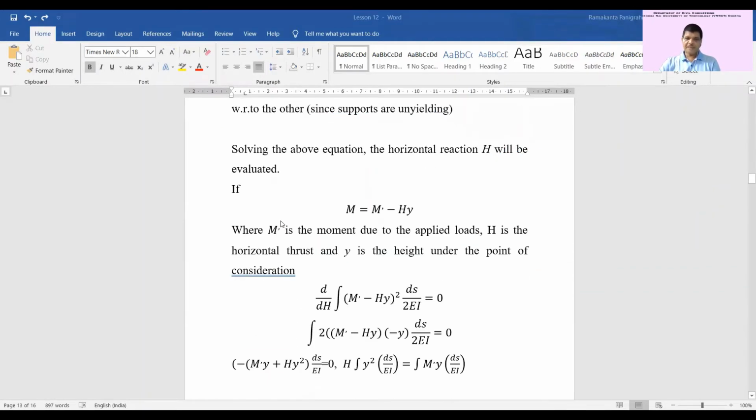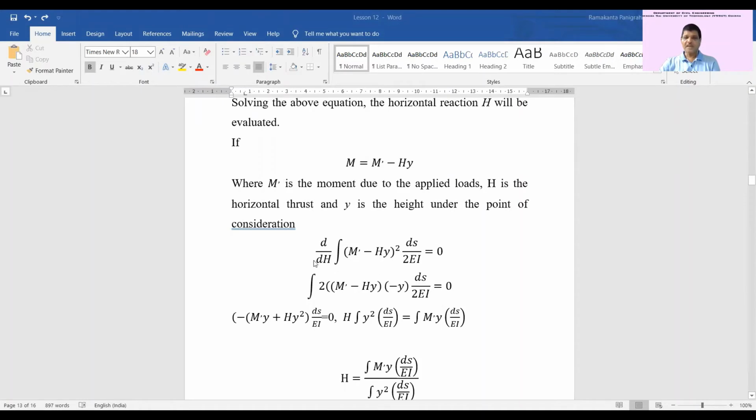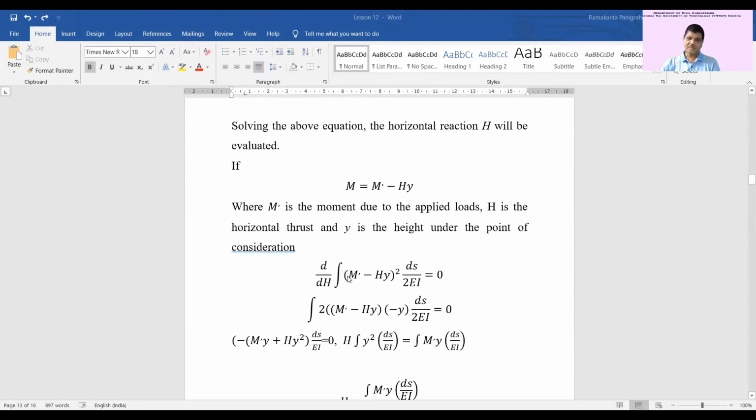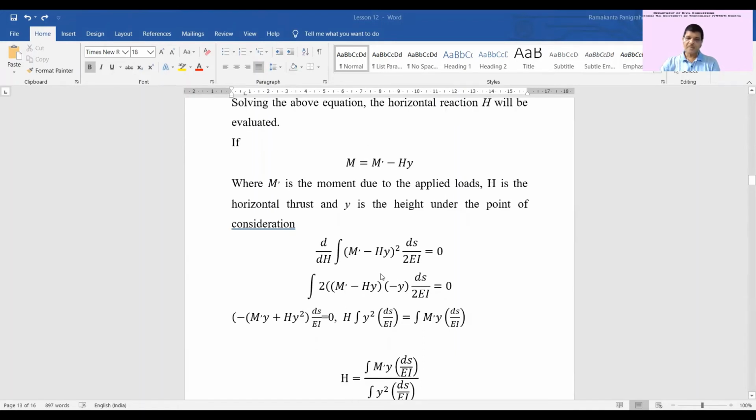So that will give you the value of Y. Now, M is equal to M dash minus Hy. Now put here, what are we finding? d by dH of the integral of (M minus Hy) whole square ds by EI, the total integration of this is equal to 0. Now if you take this whole square, you will find 2 into M dash, then Hy.